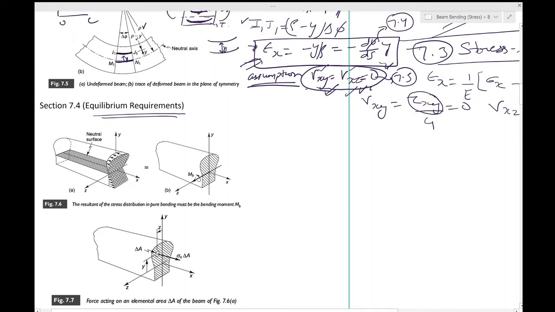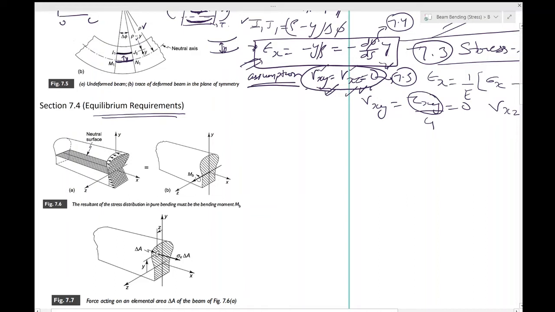So we have the beam, the coordinate system is shown, and just like always we have a neutral surface. The surface which contains the neutral axis is the neutral surface, and it is perpendicular to the plane of symmetry. That is what we had seen, and the x-axis is aligned with the neutral axis itself.